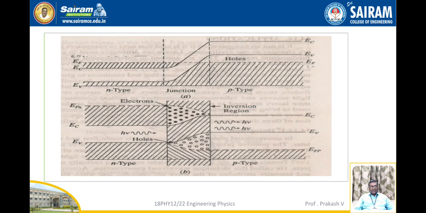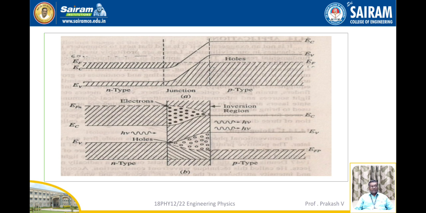So in the next slide, you can look at the energy band diagram of semiconductor laser. Here P and N regions are there, and in between there is a junction, which is called the PN junction, and electrons transit across the PN junction.